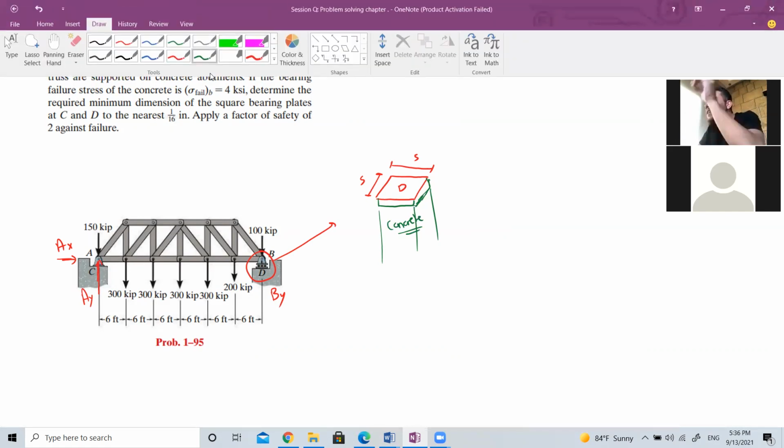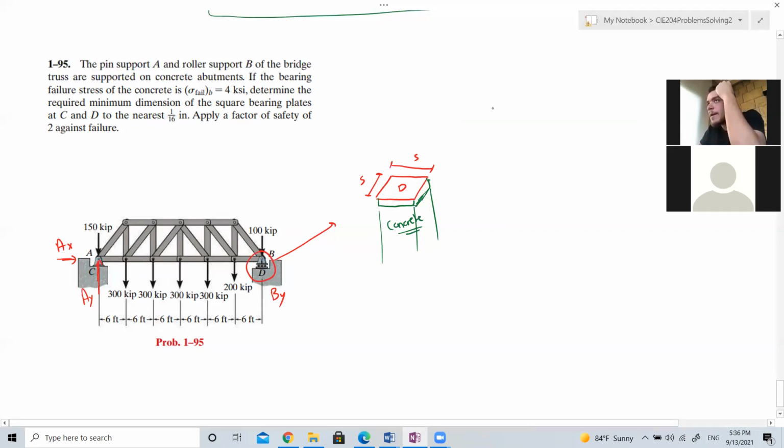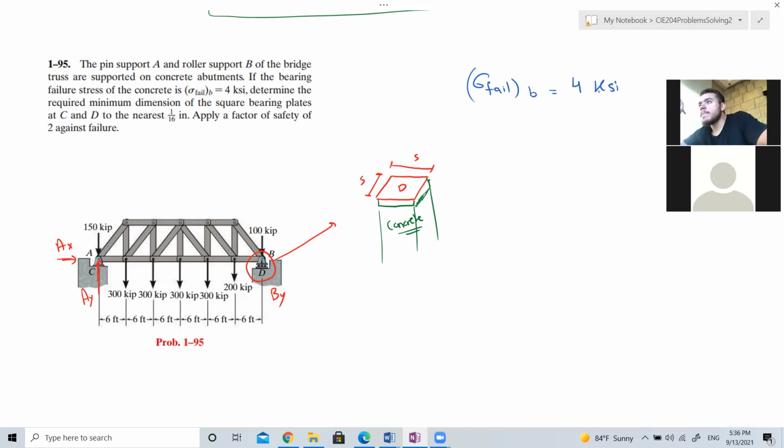The failure stress for bearing is 4 KSI. What did we say the bearing stress is?